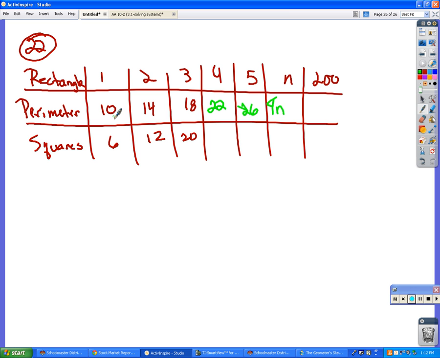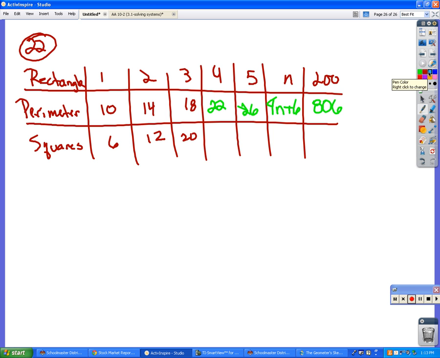I need 10 as an answer, so I have to add 6 onto that to make it work out. So that allows us to figure out what the perimeter of the 200th rectangle would be. 806, because 4 times 200 is 800, plus 6 is 806. So that should have been fairly easy.